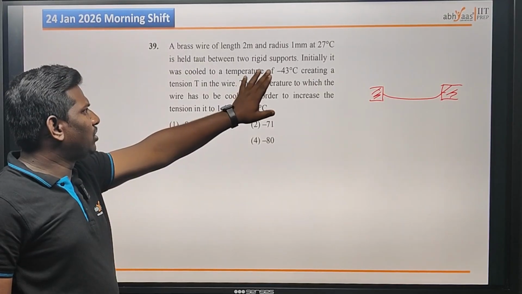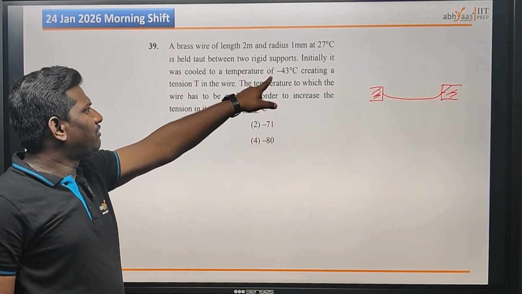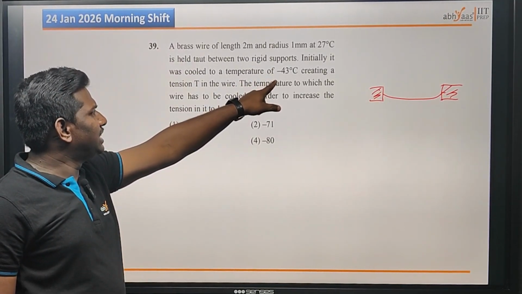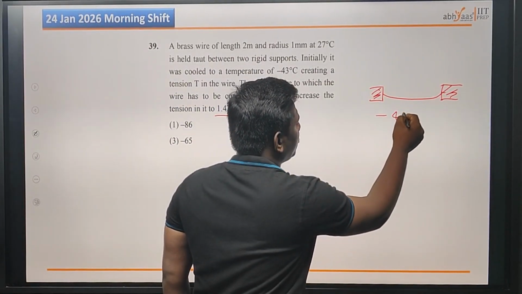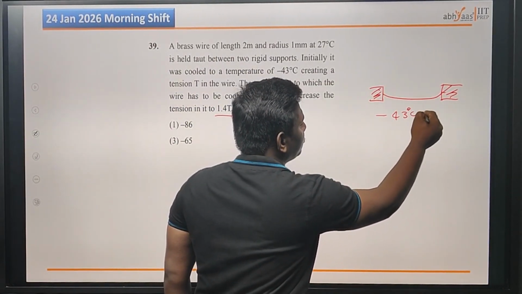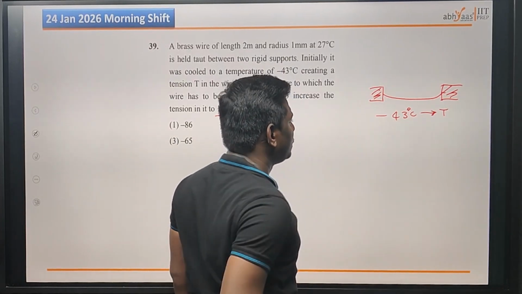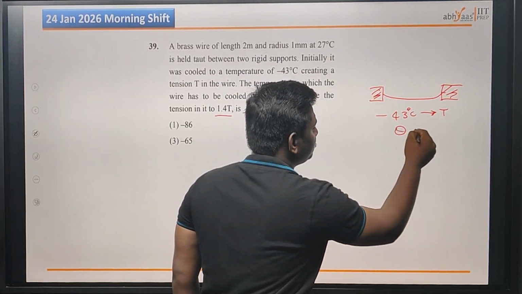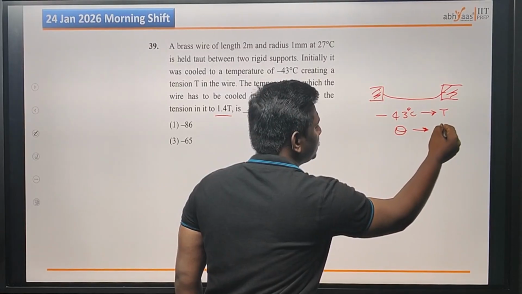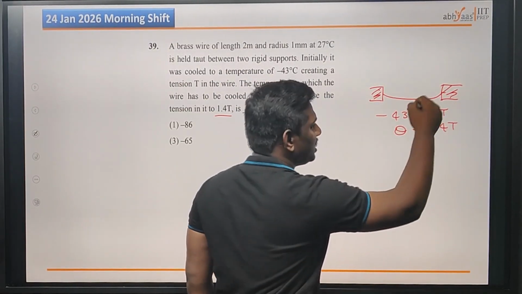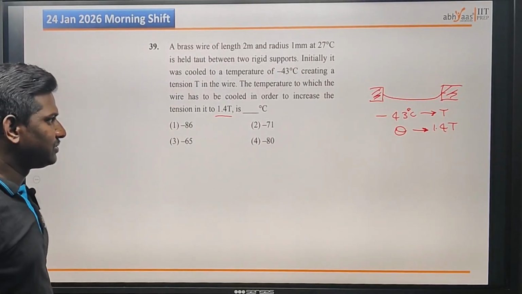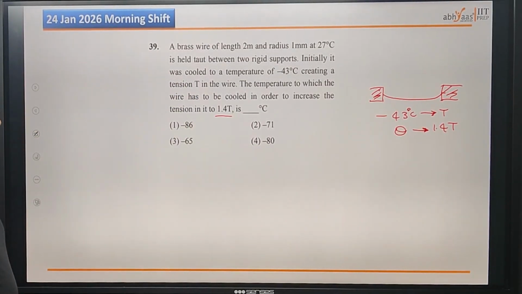At minus 43 degrees centigrade we have a tension T. At what temperature can the tension be 1.4 times the initial tension? That is the query. You have to find theta, that is, how much temperature in degrees centigrade.